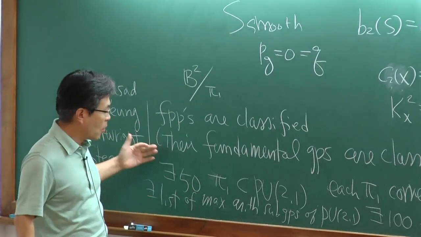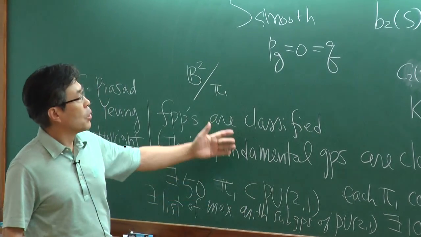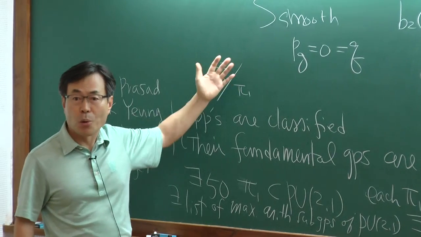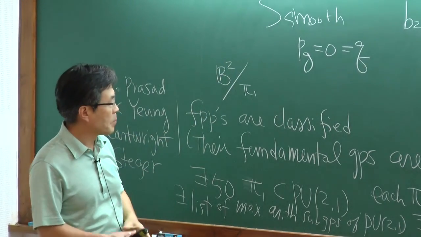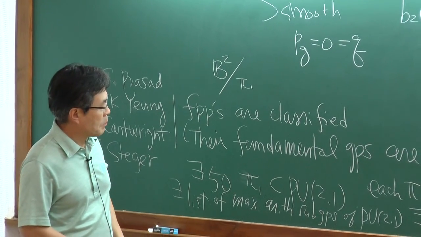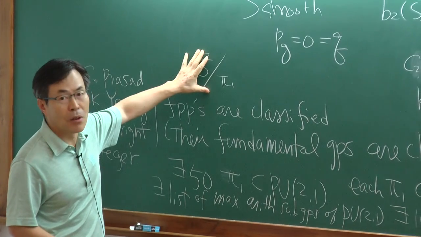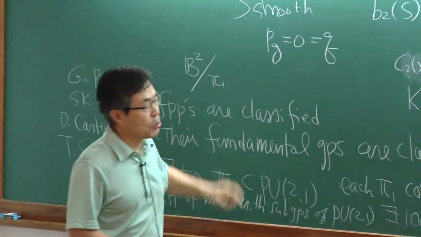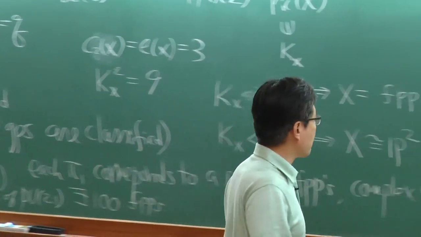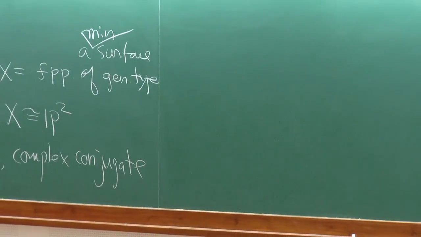So they check all possible such subgroups which give you the correct quotient, so that the first Betti number should be 0 and the second Betti number should be 1.